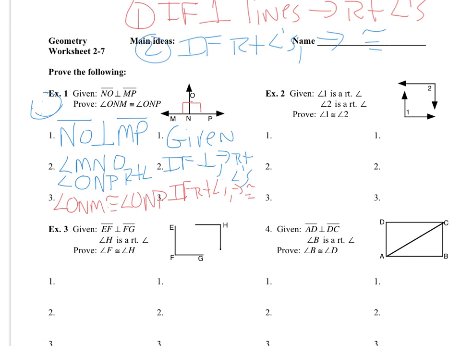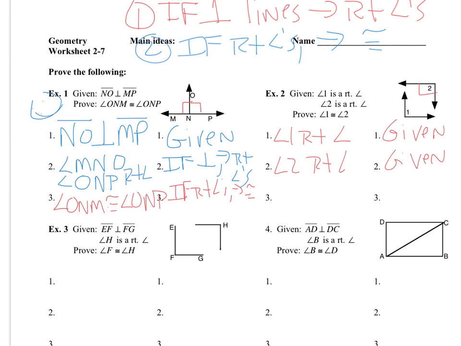Second one is we have angle 1 is a right angle and angle 2 is a right angle. Both of those are givens. So the first thing we're going to do is get the first given, angle 1 right angle, given, and then angle 2 right angle, given.